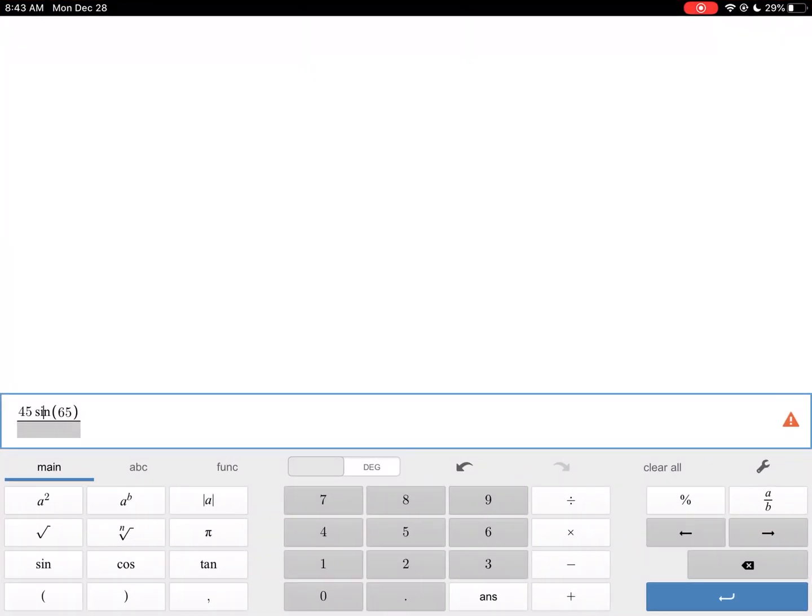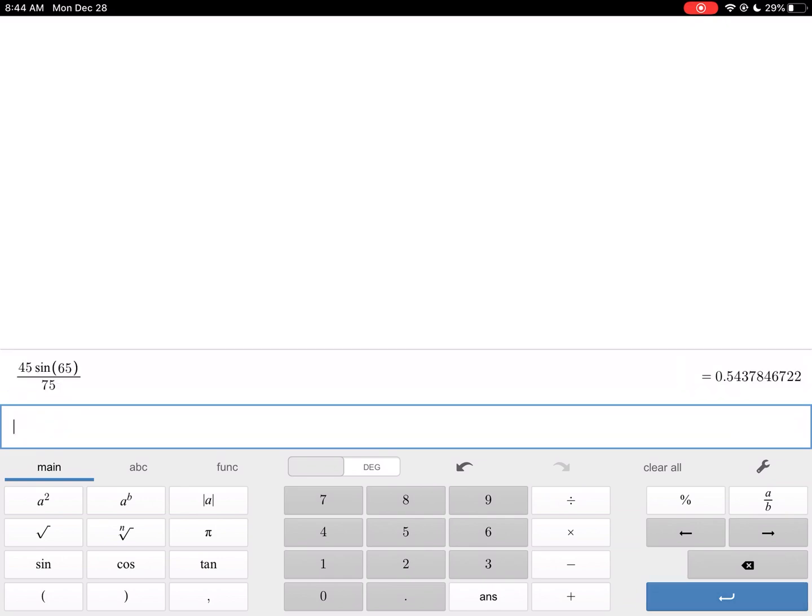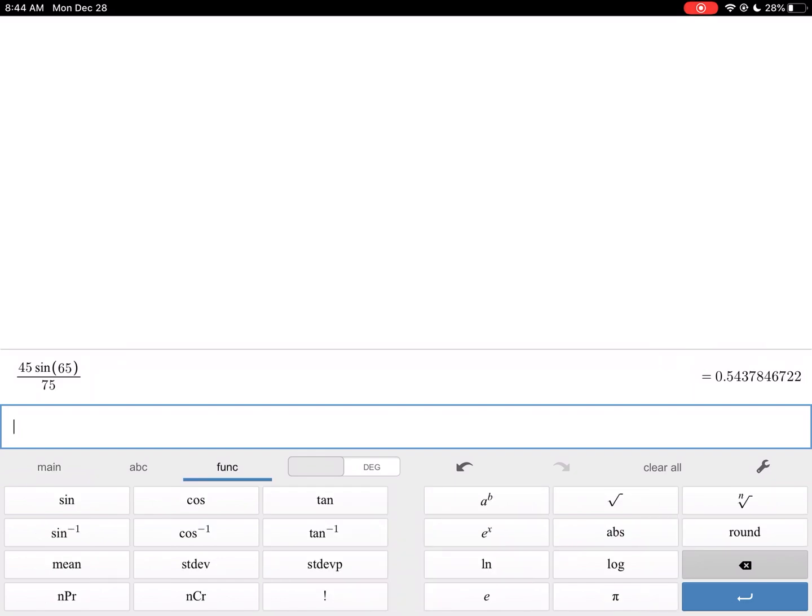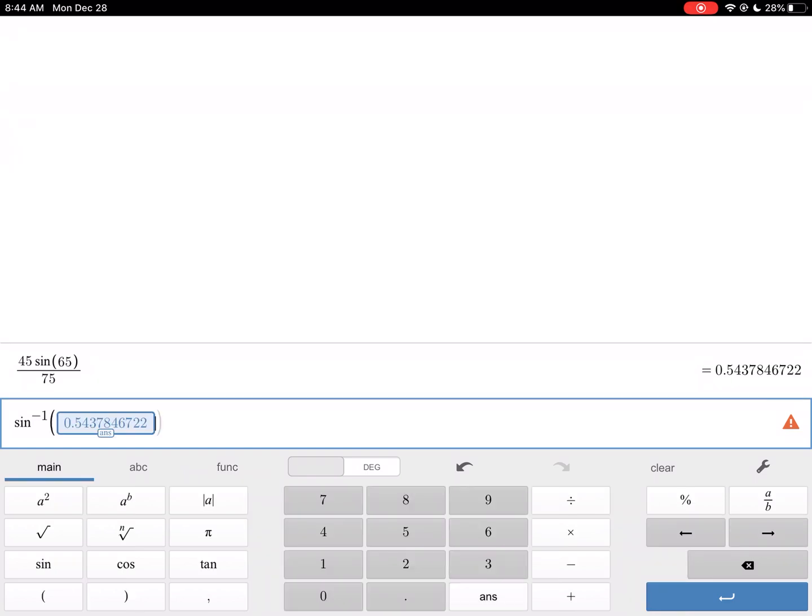And there's your 0.54. Now what we're going to do is we're going to take the inverse sine of that, and we get 32.9 degrees, not 54 degrees.